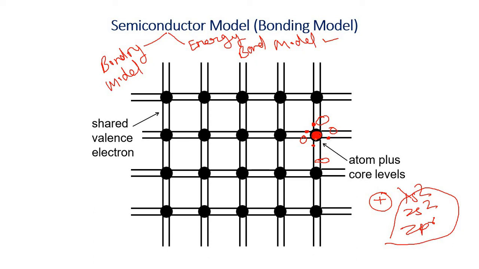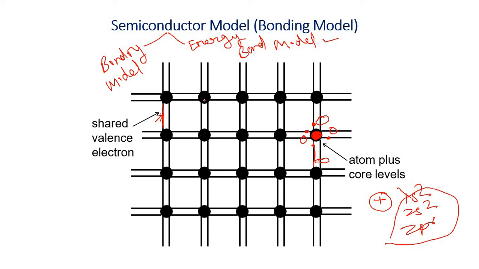Okay, you understood? When we are showing this bond, it is showing one shared valence electron. If this breaks, that means one electron is free to move. You need not be confused. One line means one electron is shared, either by this atom or by that one.